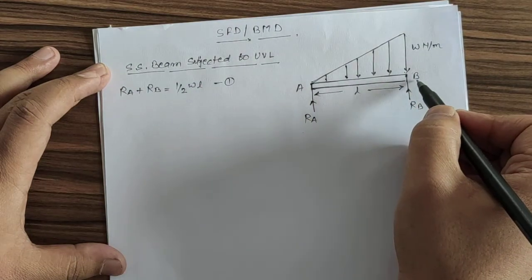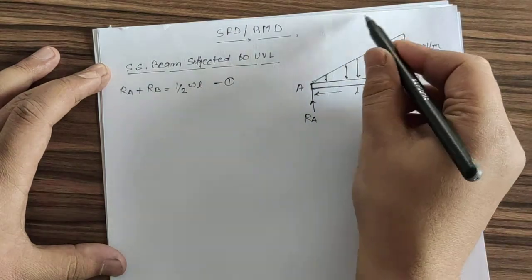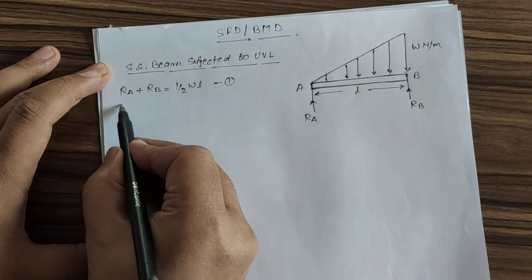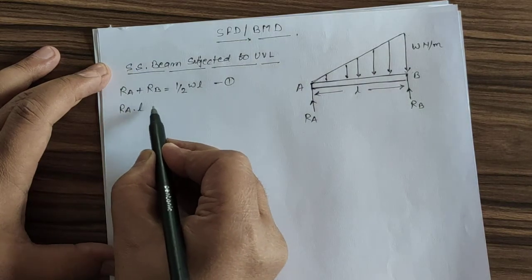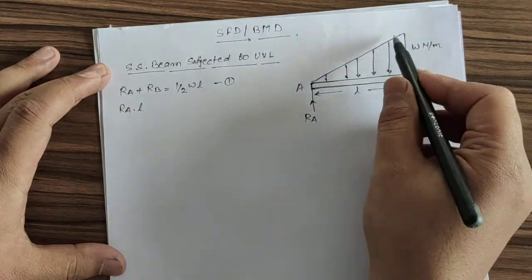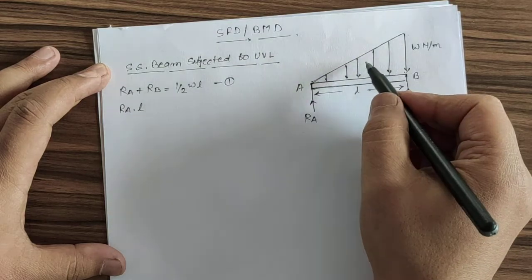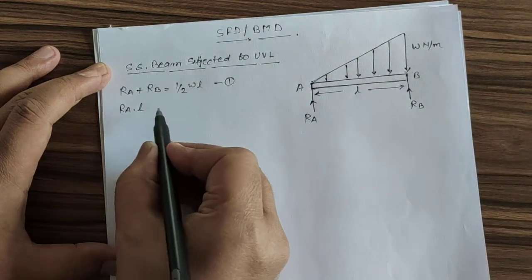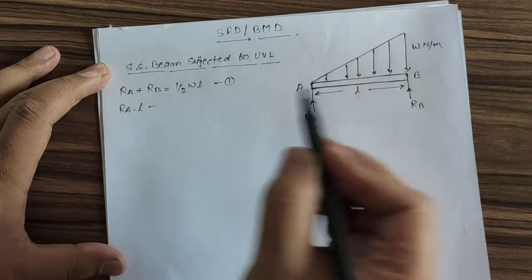So, we are taking moment about B. R A will produce a clockwise couple which is equal to R A into L. And this load will produce an anti-clockwise couple which we will take as minus.